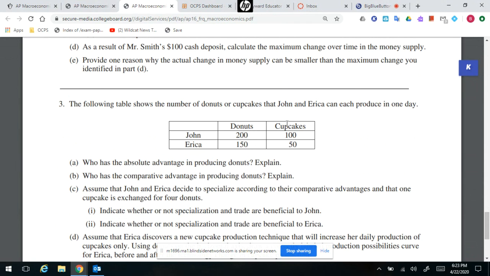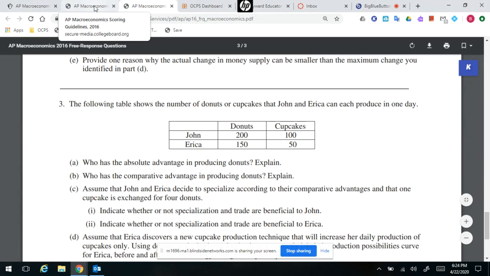Or if you want to put it in terms of cupcakes, 1 cupcake to 3 donuts, and then 1 cupcake to 2 donuts. All we're doing for comparative advantage here is just trying to determine who can produce the item while giving up less. Remember, whatever someone has a comparative advantage in, the other person will have the comparative advantage in the other item.